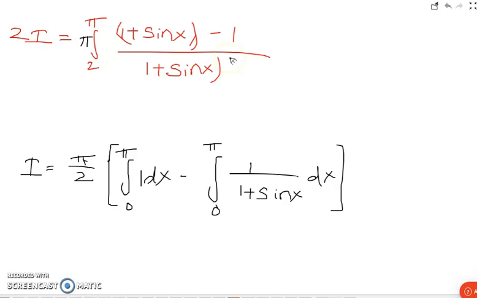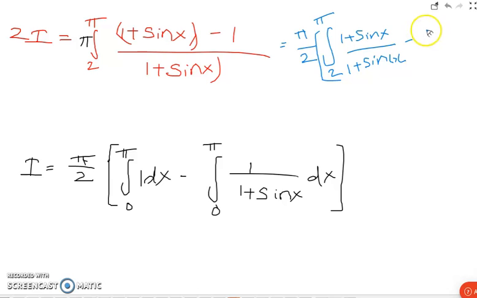In order to separate it. So pi by 2 integral of 1 plus sin x by 1 plus sin x, minus 1 by 1 plus sin x.